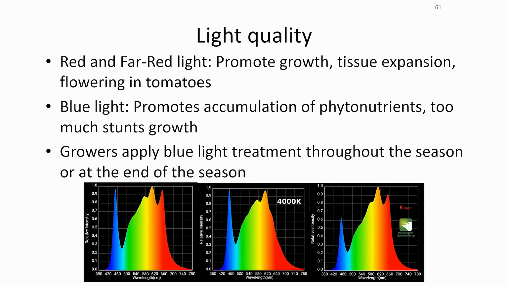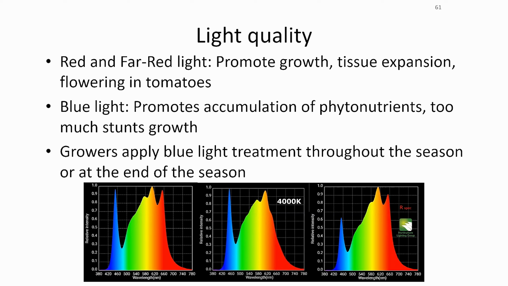So we talked about previously the different colors, red and blues. Obviously, red and blue colors are the ones that you need for photosynthesis. And this is just an explanation of what those colors do. So red light promotes growth, tissue expansion, and in tomatoes, far red light triggers flowering.